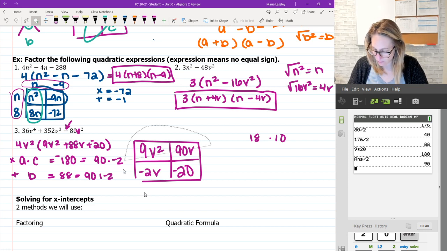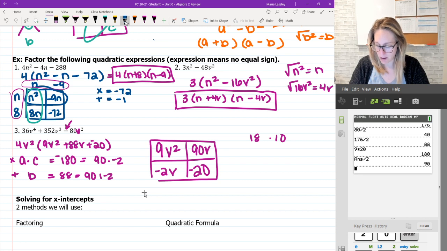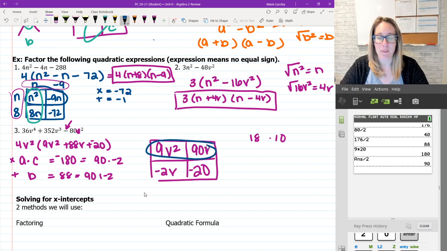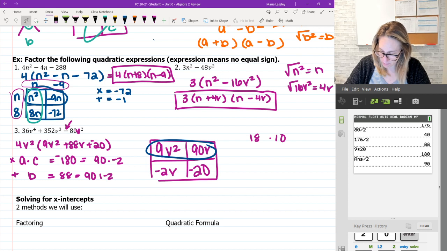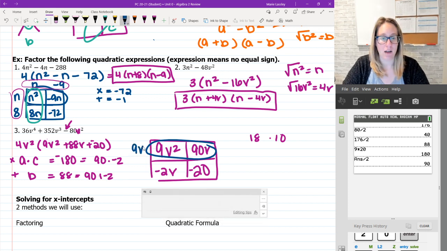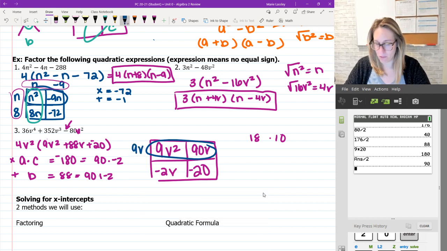Now we just need to do that kind of greatest common factor stuff for my box. I always start by looking at the top row. What can I pull out? What GCF do 9v squared and 90v have in common? Well, 9v. Now I'm going to reverse multiply to see if I can get each box. 9v times what gives me 9v squared?